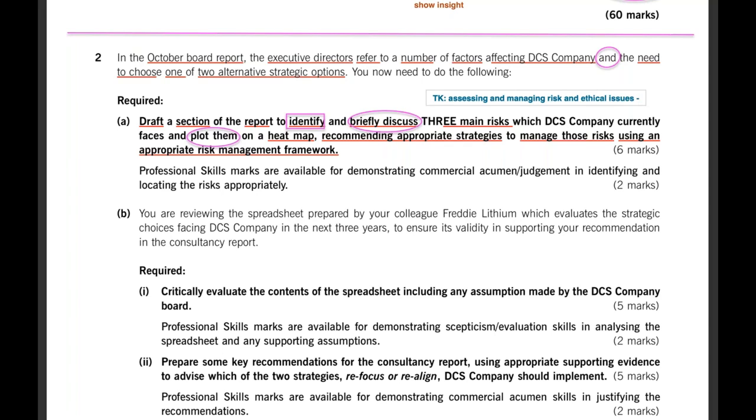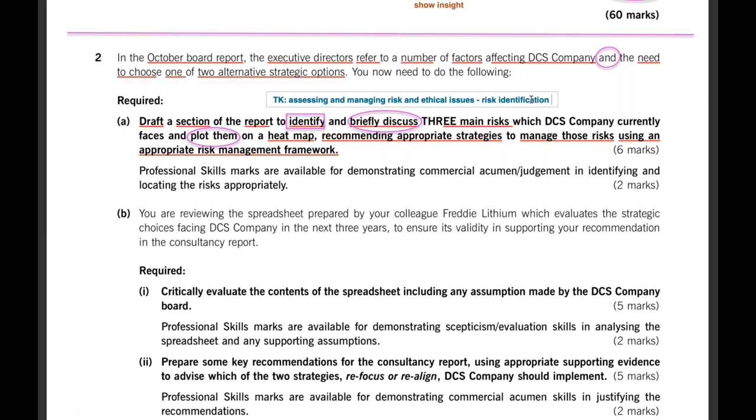We can narrow it down to risk identification, because you're supposed to be identifying them.